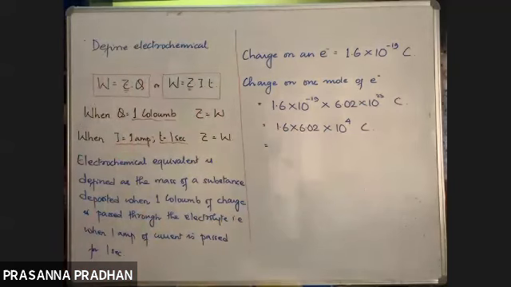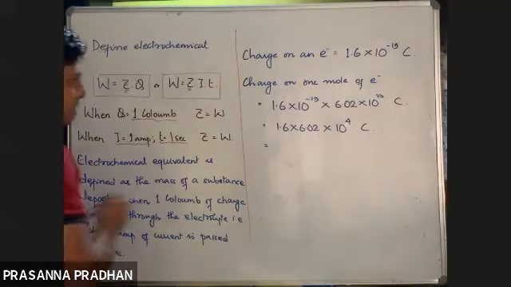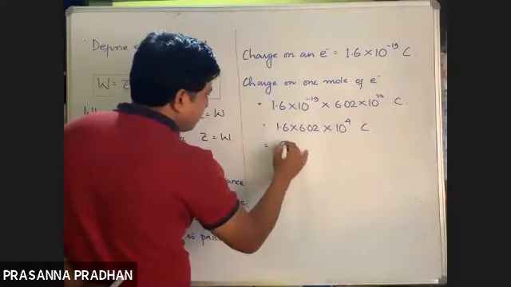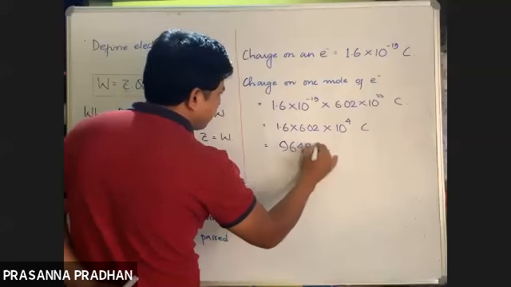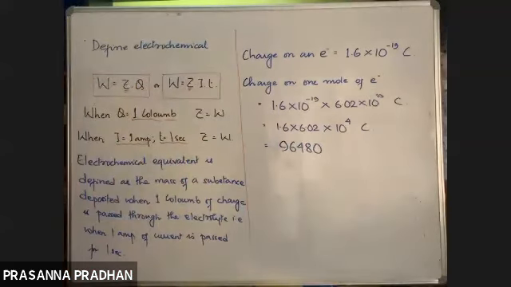Someone please help me out with the calculation. So what is the value? 964, I think 80 something. It will be something like this, right?